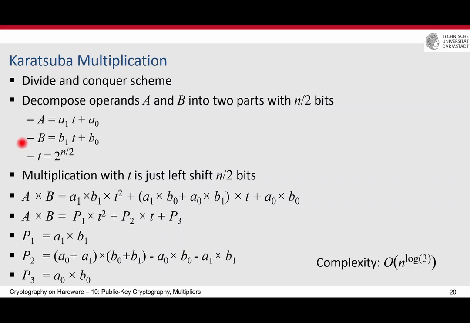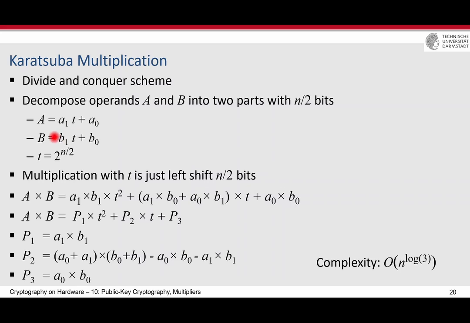You don't perform any division, but you take n/2 bits from the left side to A1 and n/2 bits of the right side to A0, and the same for B.